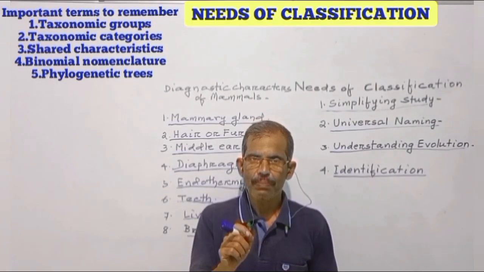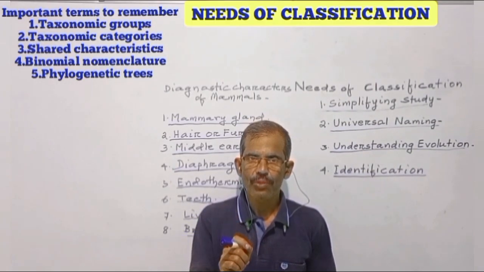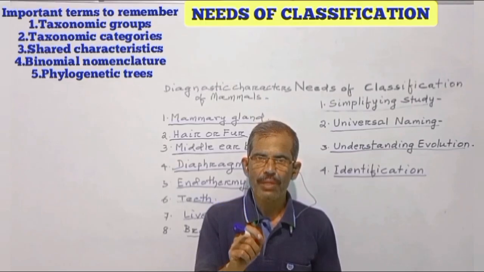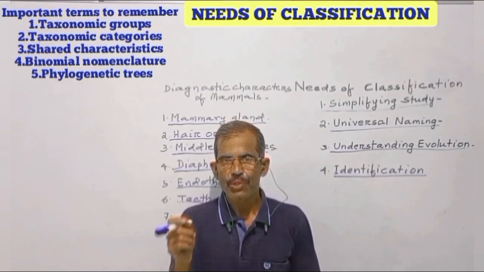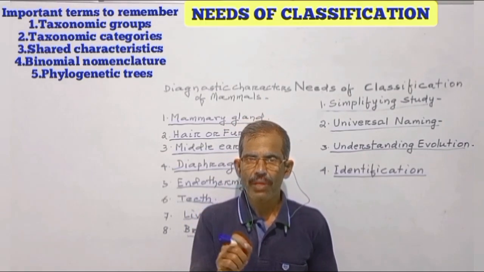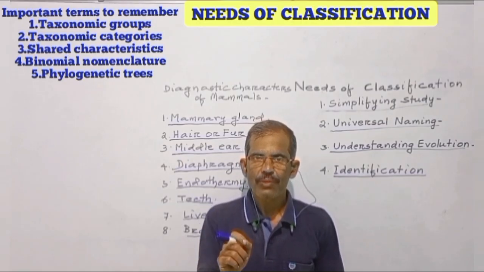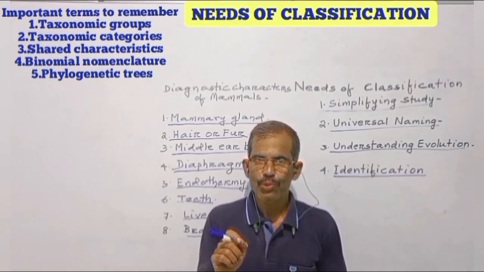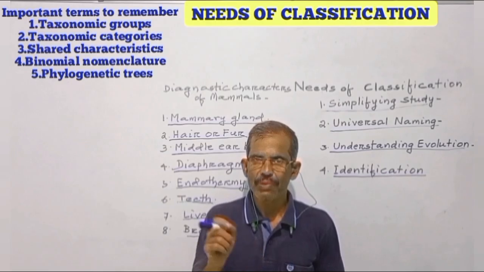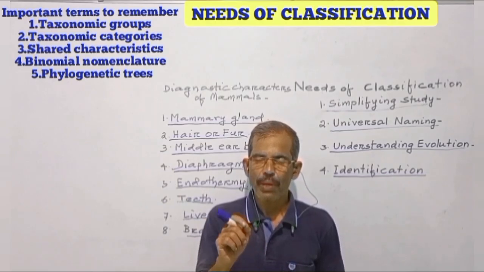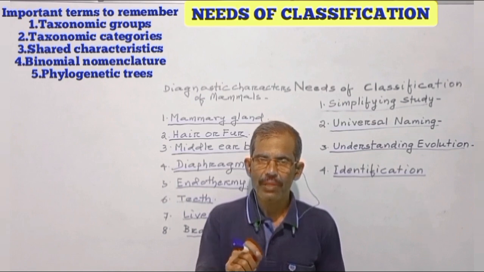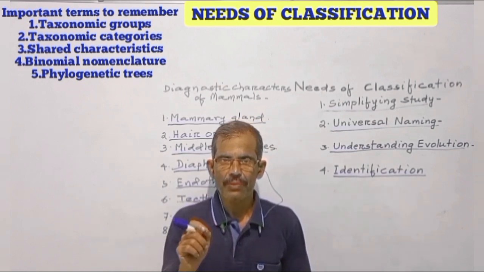Similarly, the scientific names of other taxonomy groups also remain the same. This universal naming of organisms avoids confusion that would be caused by the use of local names, which vary from one part of a country to another and also from one country to another country.